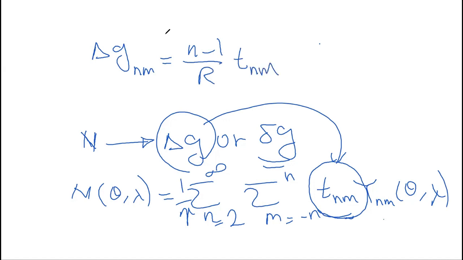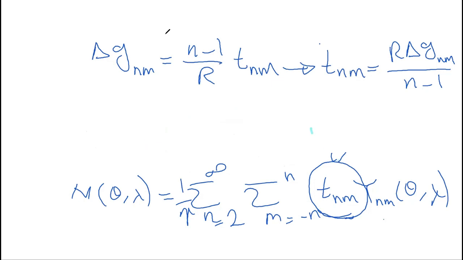So then we can solve T_nm simply from this formula. It will be r times delta g_nm. So we find the relation between gravity anomaly harmonics and the harmonics of the disturbing potential. That's all. Then I will insert this T_nm.